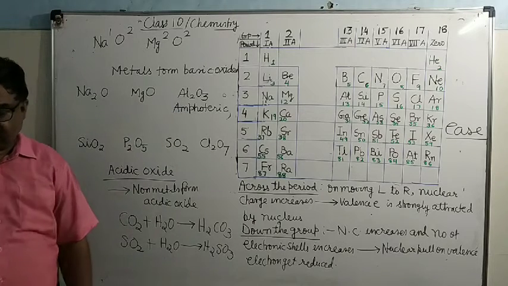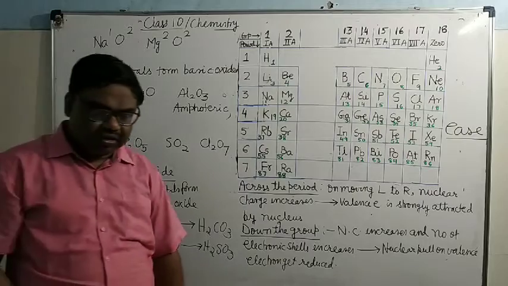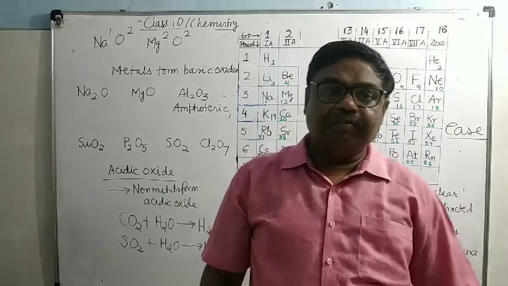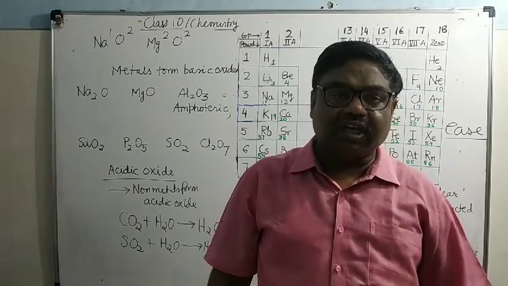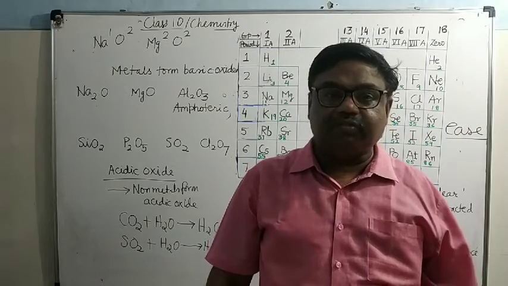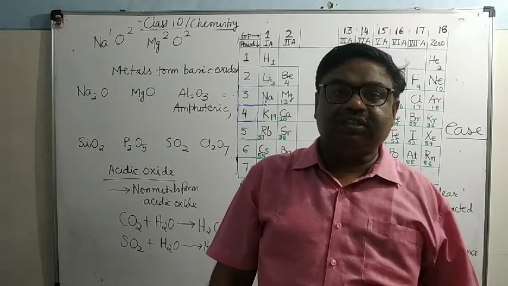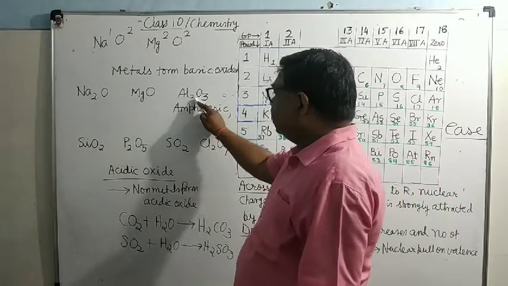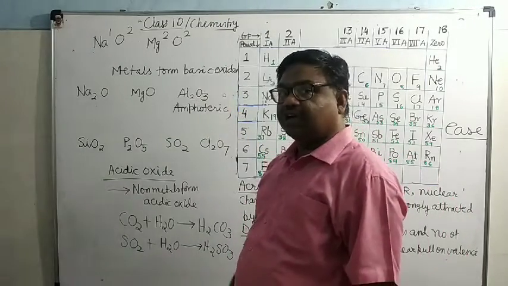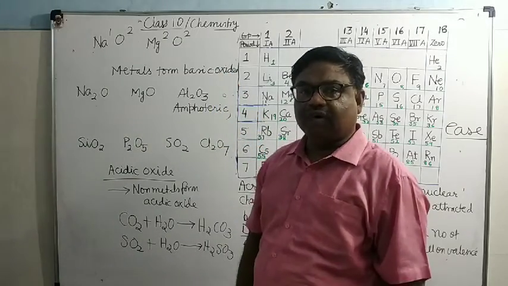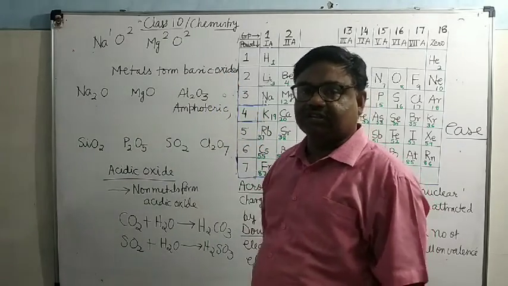There are some metals, aluminum, zinc and tin, which are amphoteric in character. Their oxides are amphoteric. Amphoteric means when they react with acid and base, in both cases they produce salt and water. When it reacts with acid, it produces salt and water. It also reacts with the base and produces salt and water. Is it clear? We will discuss that afterwards.